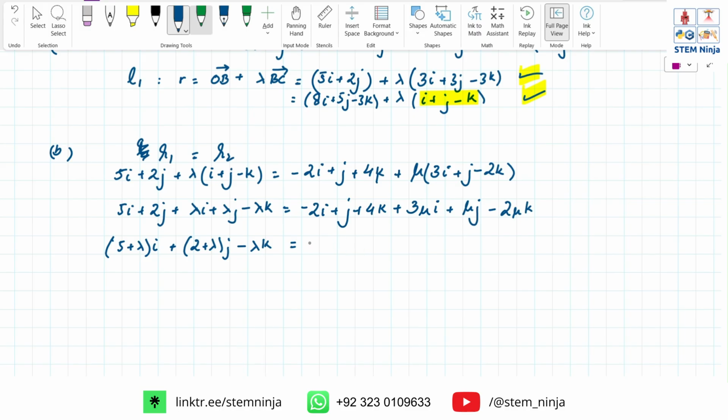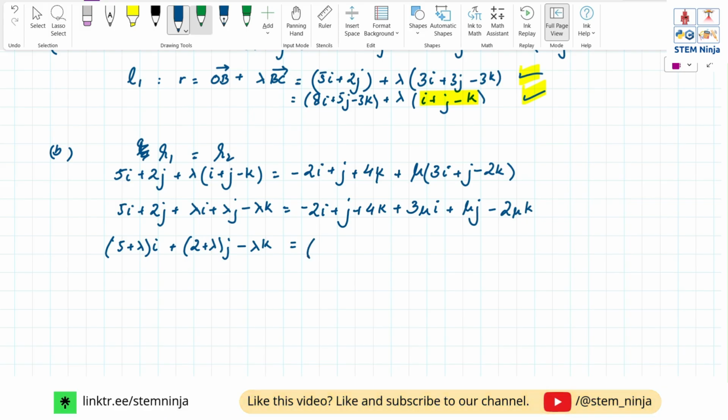Then we have the same thing on the right hand side. So the i component is 3 mu minus 2, j is 1 plus mu, and k is 4 minus 2 mu.